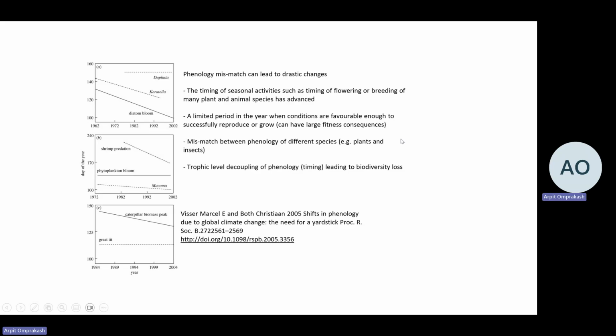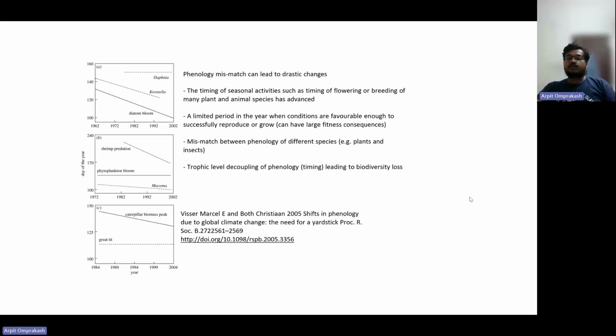So the period of time when you are able to grow and reproduce also starts decreasing.